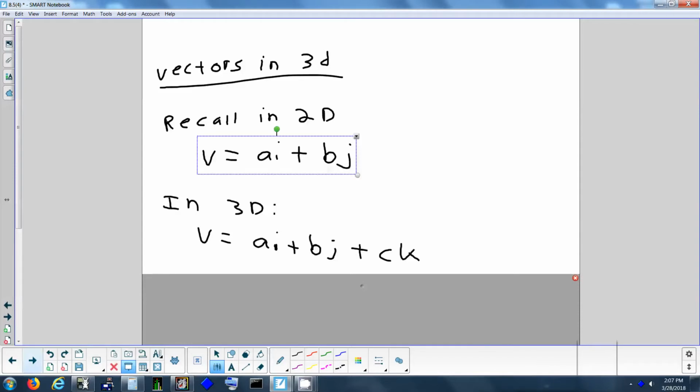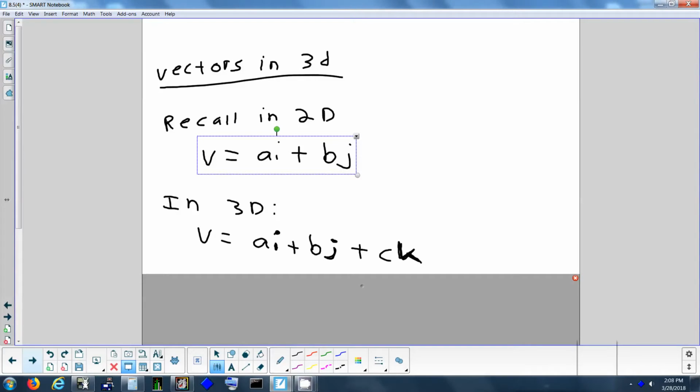So i is a unit vector that points 1 unit in the positive x direction. j is a unit vector that points 1 unit in the positive y. And k is a unit vector that points 1 unit in the positive z. And now using multiples of i, j, and k, you can stack them together and move anywhere you need to in the plane.